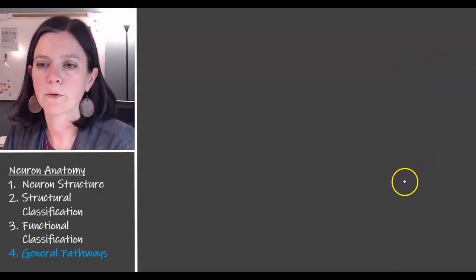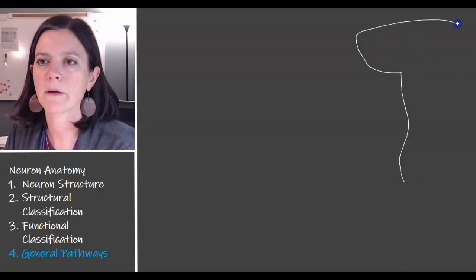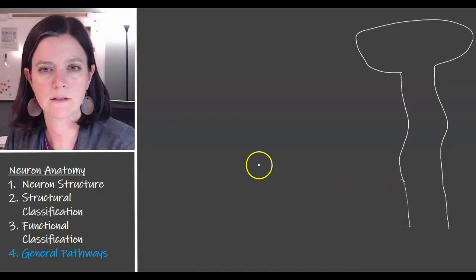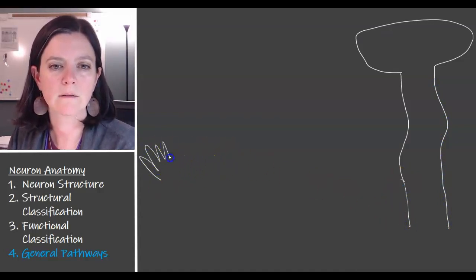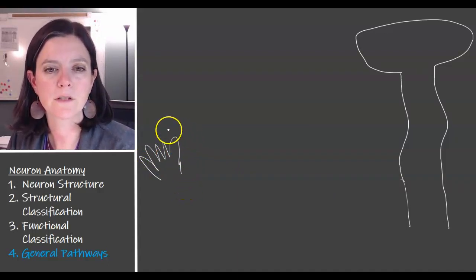So I'm going to make a spinal cord. And I'm going to make a big brain here, and then here's the spinal cord. Let's think about where these neurons are actually going to be. Let's say here is our hand, and we have to start with some type of receptor here in the hand.